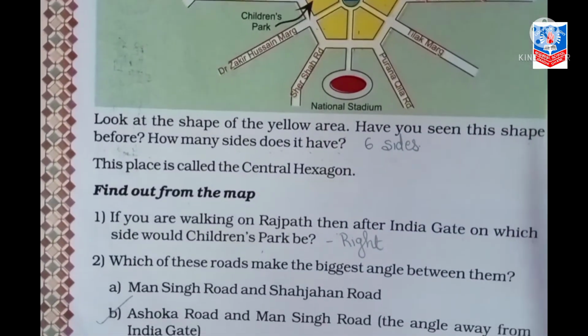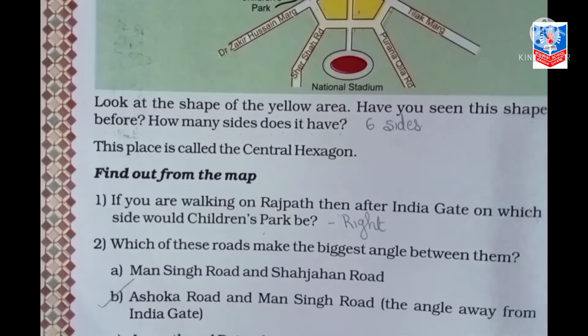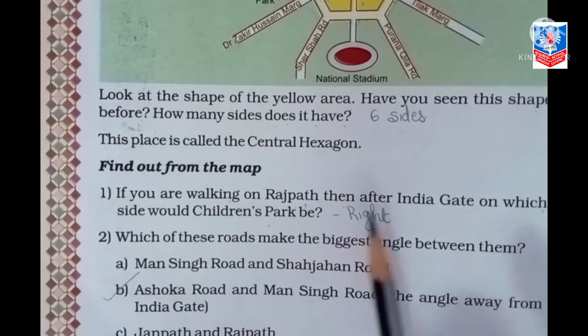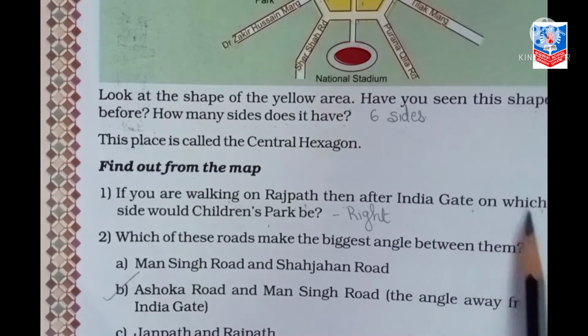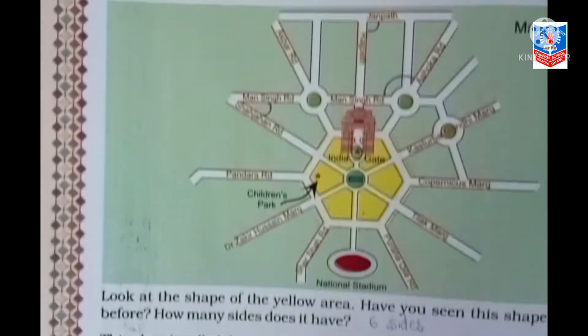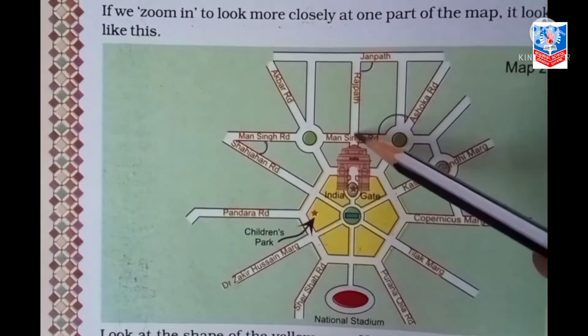Now you have to find out from the map and answer the following questions. If you are walking on Rajpath, then after India Gate, on which side would Children's Park be? Now see, this is Rajpath Road.